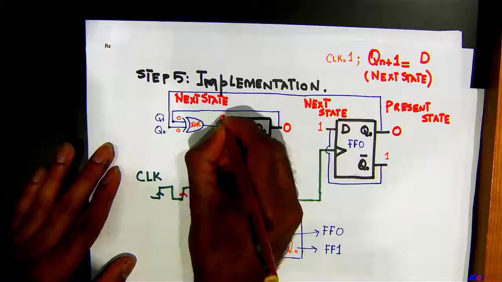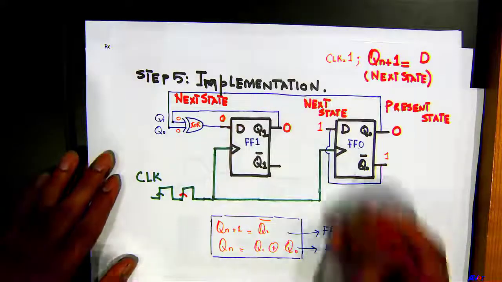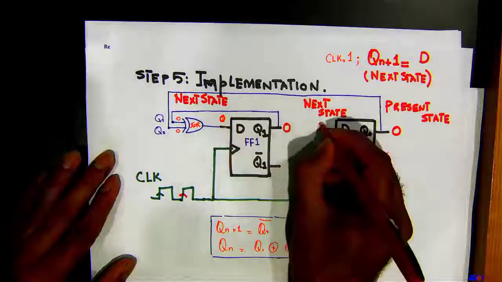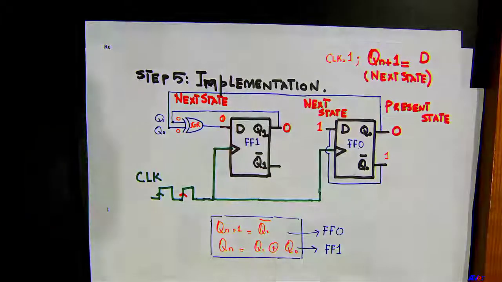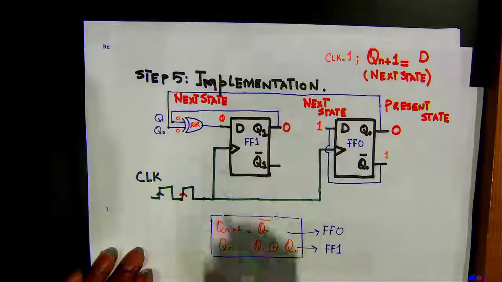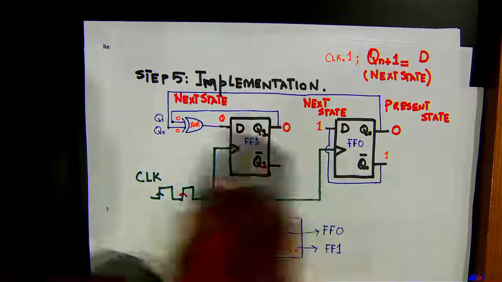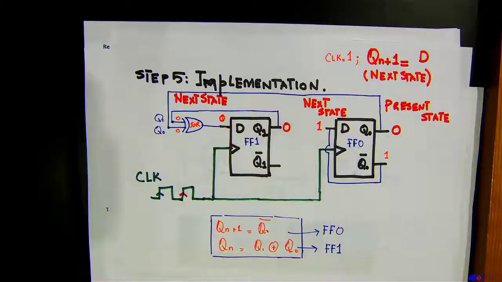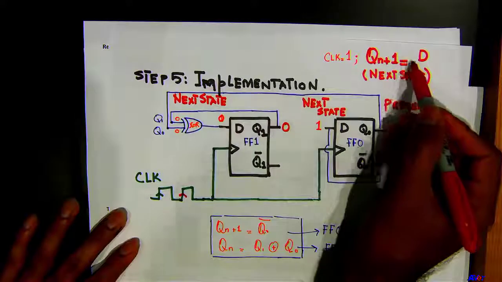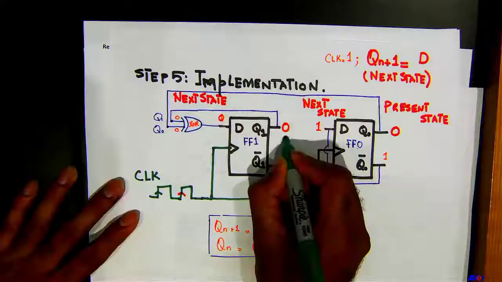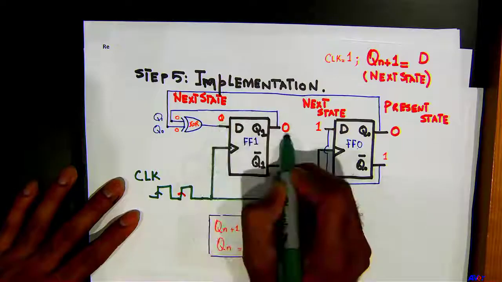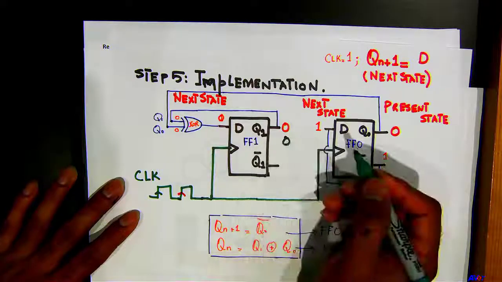Yeah, so this will be 0, and this will be 1, correct? Now the next clock pulse comes in. What would be Q1? Remember, your next state is equal to D. If you have 0 here, the next state is going to be 0, correct?